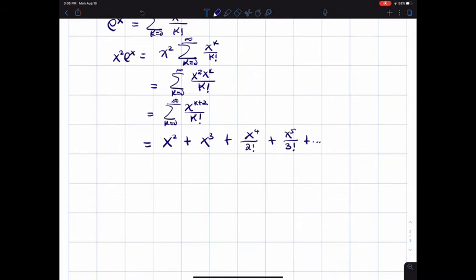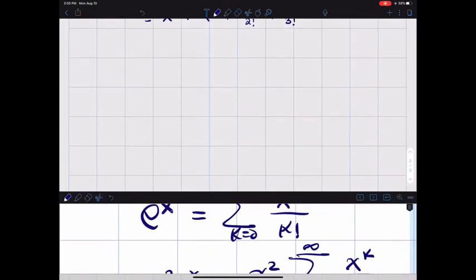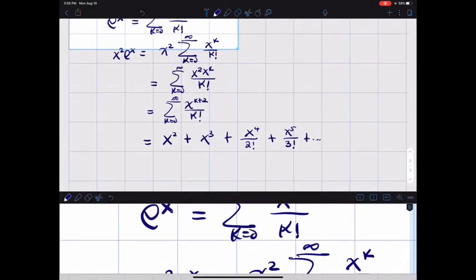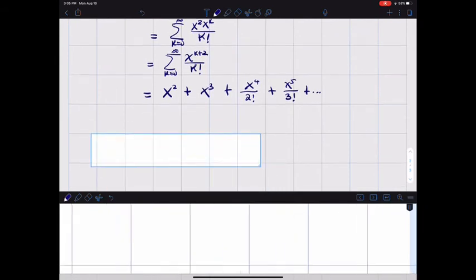Now we're going to switch gears and see how we can use one Taylor series to get another Taylor series by integration and differentiation. What do I mean?